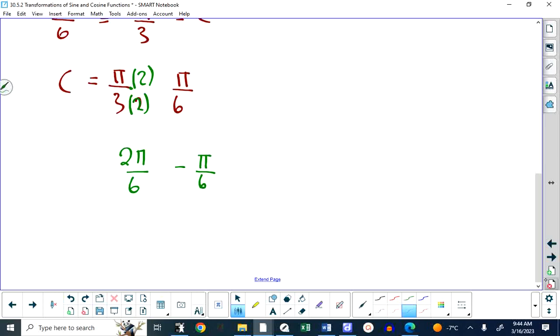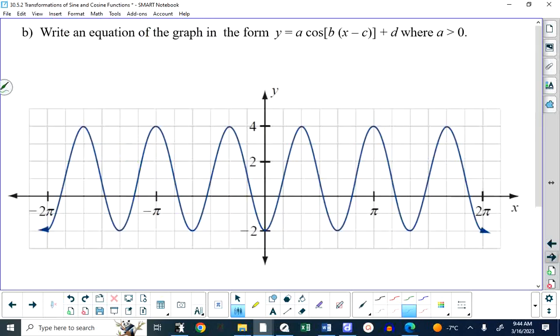And 2 pi over 6 minus pi over 6 is pi over 6. Didn't we get c as pi over 6? So there's an algebraic way to do it. And it would work no matter which of those points you choose. Okay? You're still going to end up with sine of the angle equals 1 or 0. All right. I just want to see where we're at.